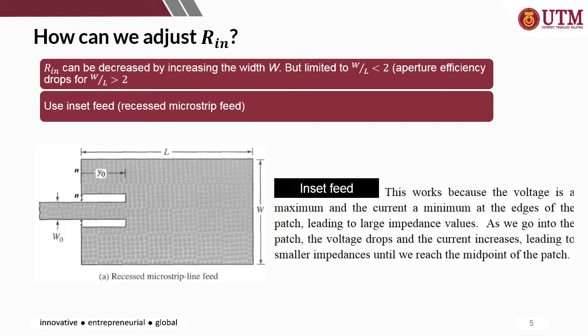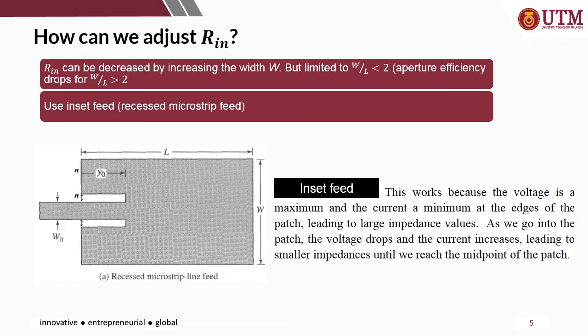From a previous slide, we have seen that the input resistance R can be controlled by adjusting the width of the structure, in which the input resistance is decreased by increasing the width.